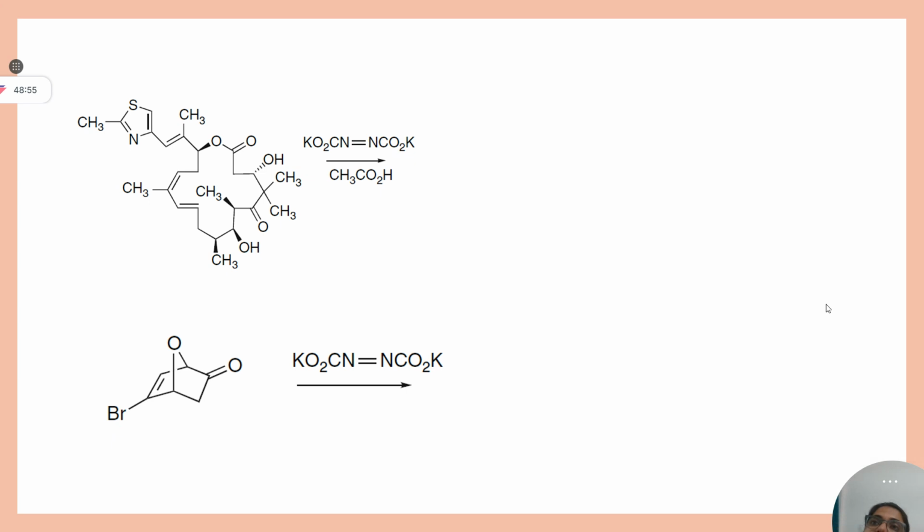Second is tosyl NH2 in presence of heating condition, which will give you diamide. And the third one, students, is N double bond N CO2K CO2K. K actually means that is the dipotassium salt of carboxylic acid. Okay, and in presence of acetic acid it will give you diamide. Okay, so first thing is you should know the procedure. Second, you should know the key features of this reagent because it is very selective.